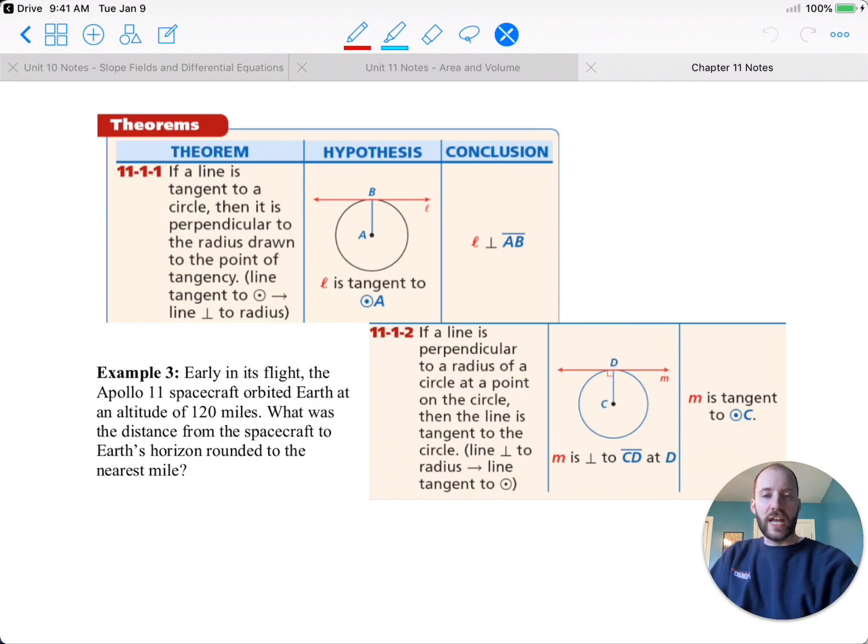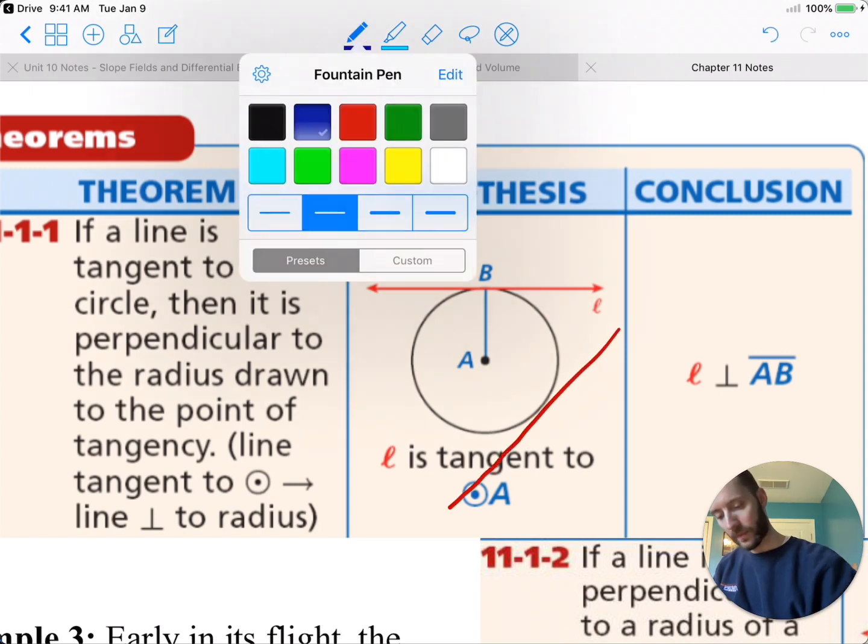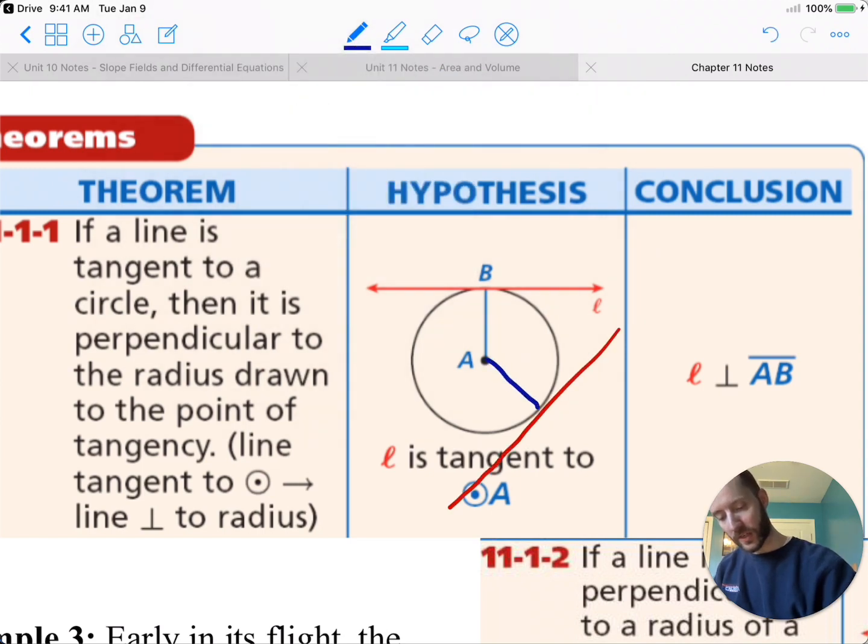We also have tangent lines. If a line is tangent to a circle, then that tangent line is perpendicular to the radius. So no matter where that tangent line is, it's going to be perpendicular to a radius. You can just do it over here.